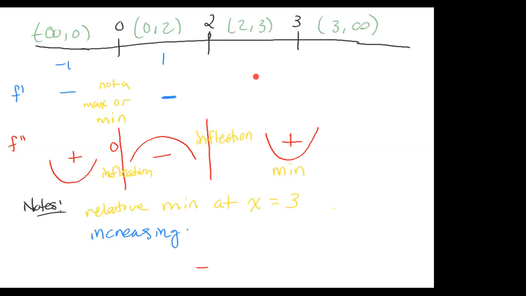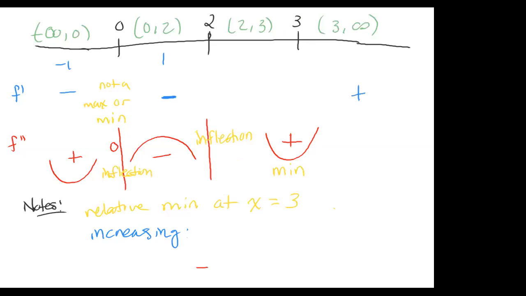But let's look at what we did down here. Remember that at a relative maximum, or minimum, excuse me, such as this, the first derivative is negative to the left of it, and it is positive to the right of it. So without even testing values in this interval here, I could say that the first derivative is actually positive here.